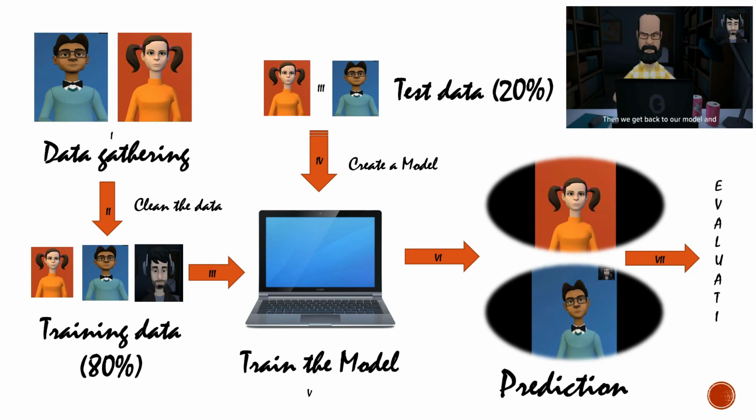Then we go back to our model and either select a different algorithm that will produce the most accurate results, or we fine-tune the parameters of our model. Yes, each model has parameters that we can modify to optimize its accuracy.